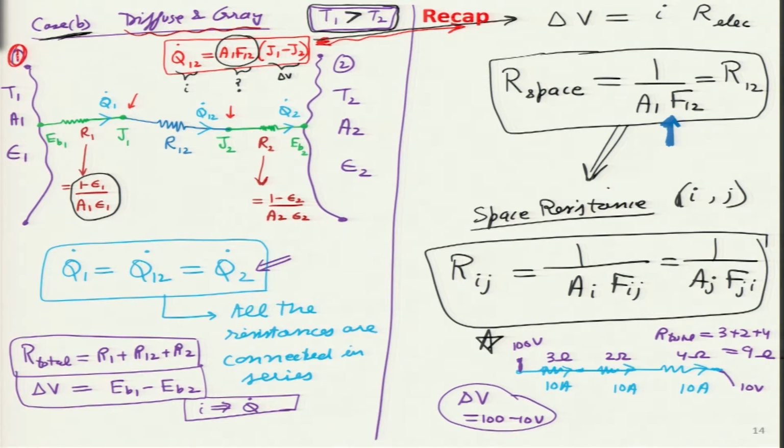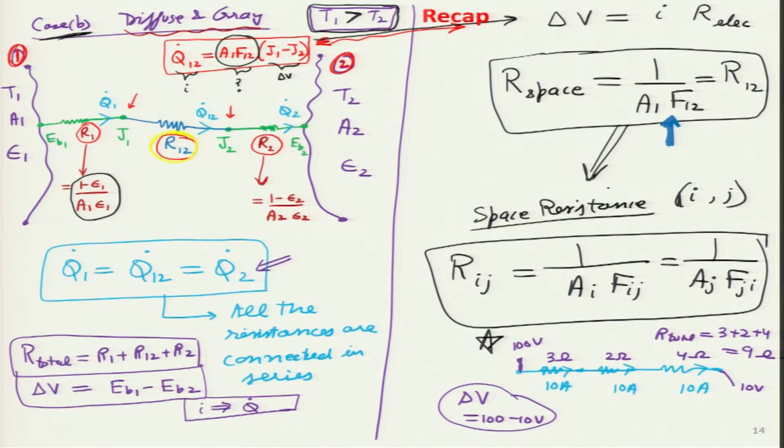So, surface 1 over here is diffuse and grey, and so is surface 2. We went through an elaborate argument and figured out that essentially we can connect these three resistances in series: R1 and R2, which are the two surface resistances, and in between comes the space resistance R12 over here.